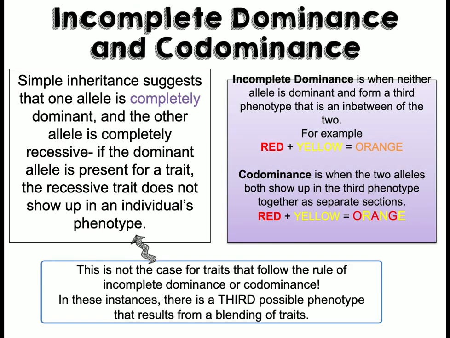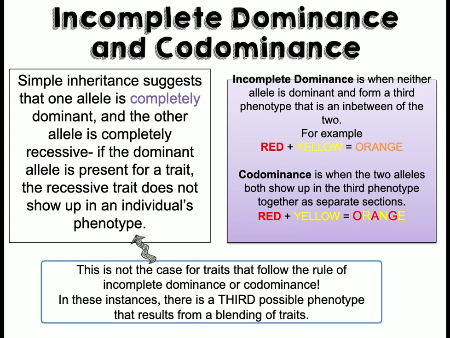So with simple inheritance, that's where one's completely dominant and the other one's completely recessive. There's also incomplete dominance and codominance. Incomplete dominance, neither one's dominant, so you get this third phenotype, which is kind of an intermediary in between. So red and yellow, you'll get orange. It's not mixing like paint because they're alleles. They're located on chromosomes.